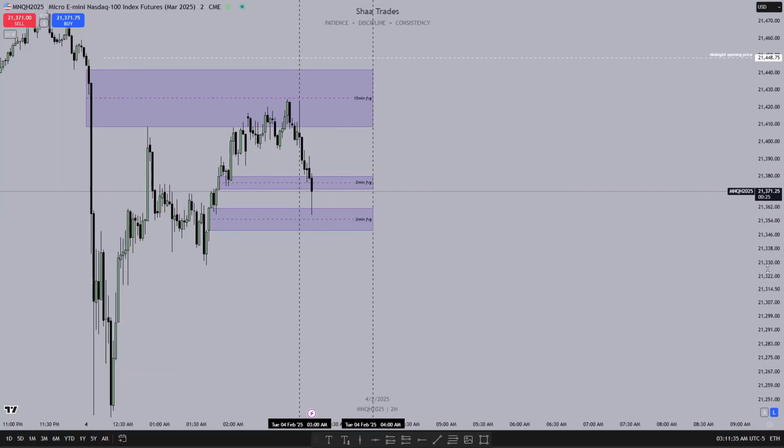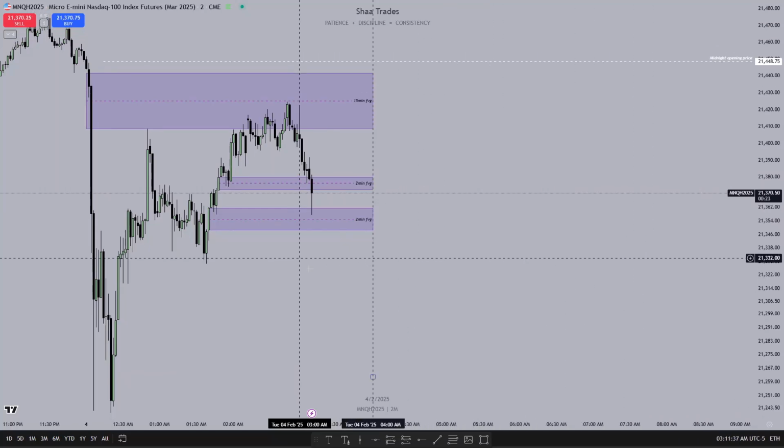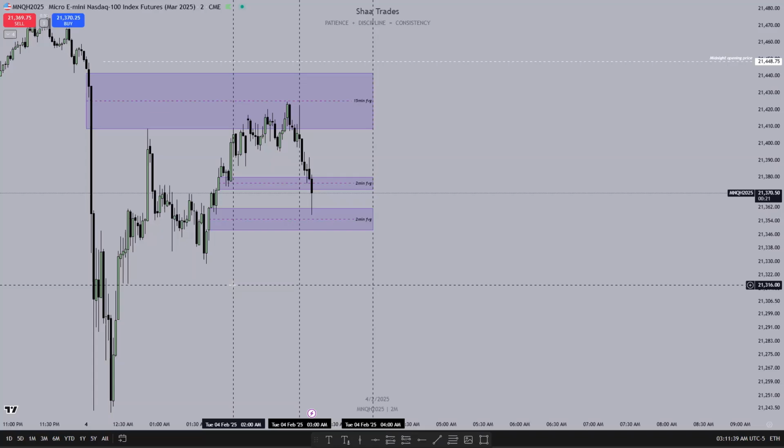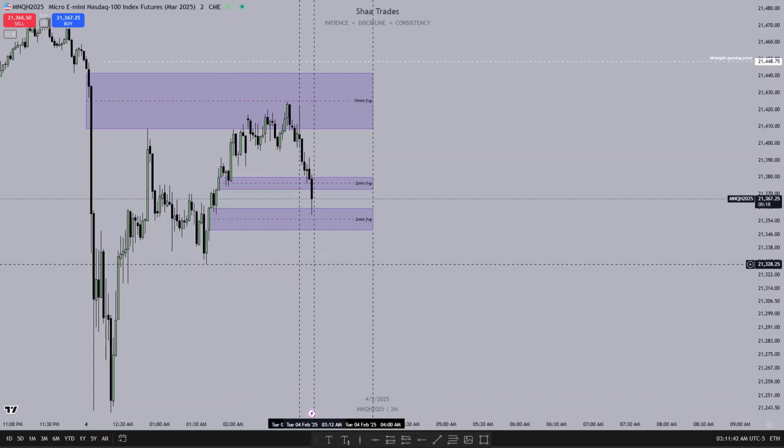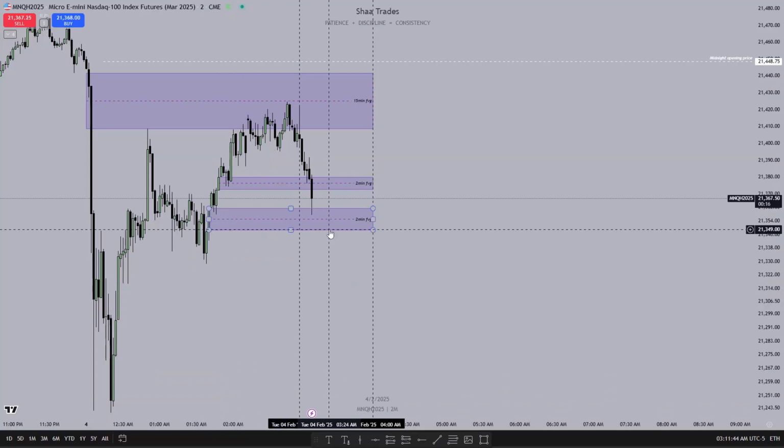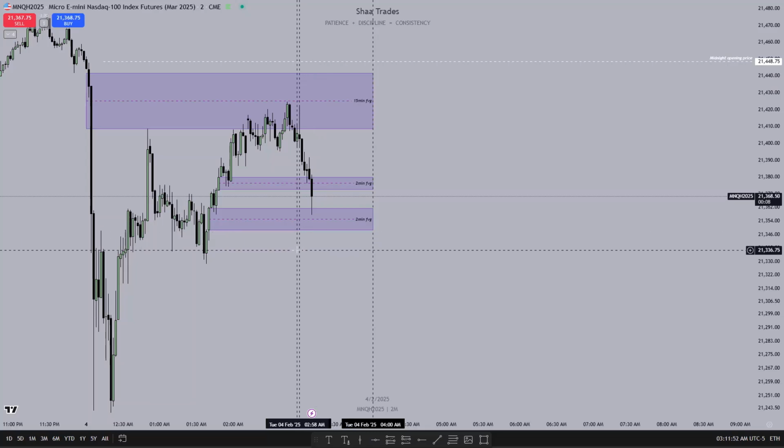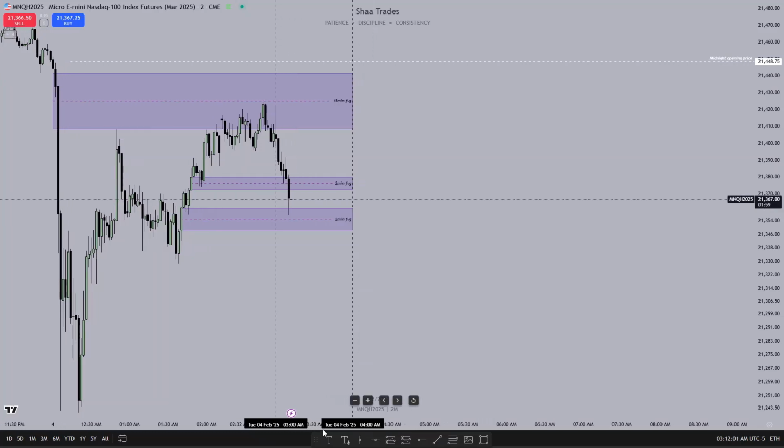And then we could look for a chart. But let's see how it trades below here. Right now we're just waiting.